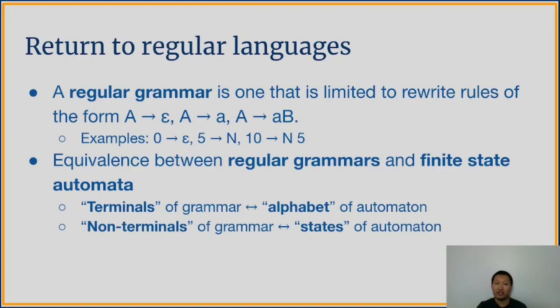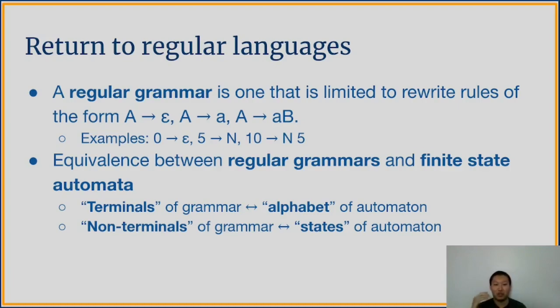Okay, so recall that we defined regular languages as any language you can make a finite state automaton for. Can you do the same thing with grammars? The answer is yes. If you limit the grammar rules to these three forms of rules here, it's a little bit arbitrary, but it turns out that the languages you can generate using these types of grammars are exactly the same as the languages you can generate with a finite state automaton.